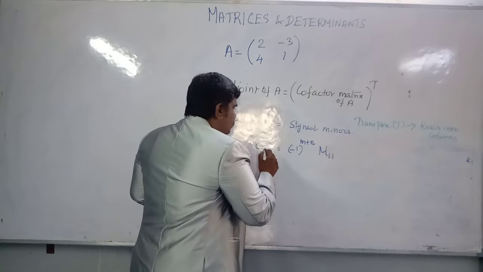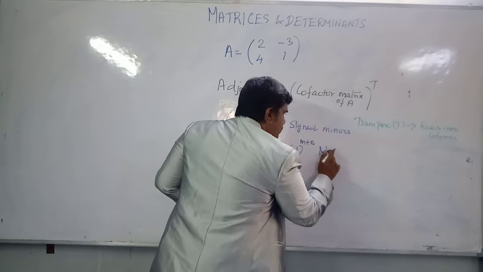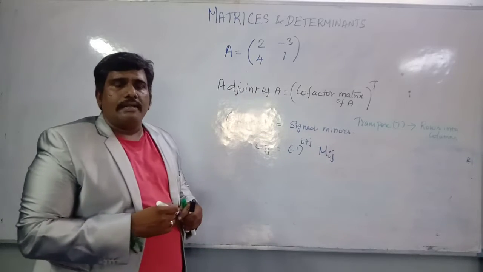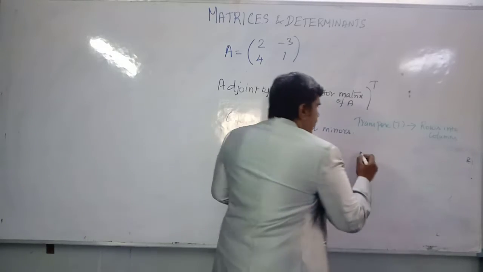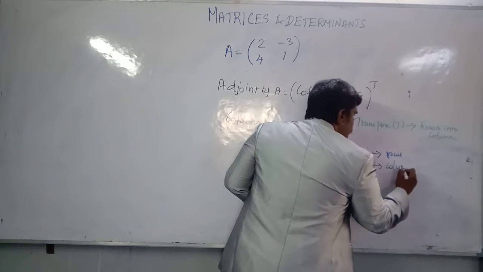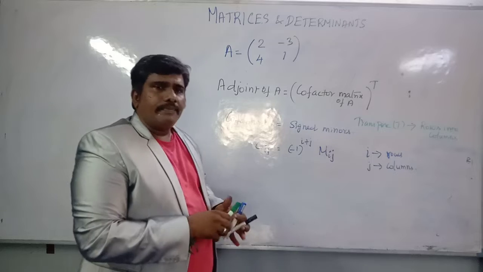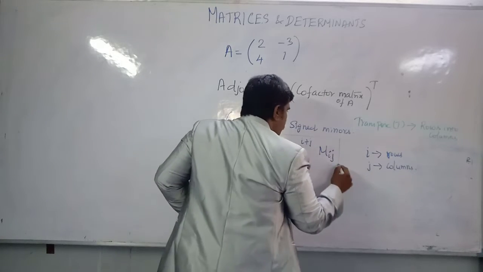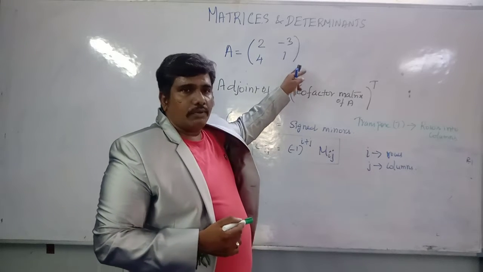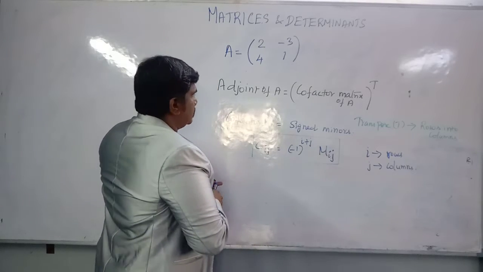Or I will just denote the row and column as ij, so this becomes minus 1 whole power i plus j of Mij, where i denotes the rows and j denotes the columns. This is the general basic for finding the cofactor of a particular element. Each element needs its cofactor, and when we put them in their corresponding positions, we get the cofactor matrix.